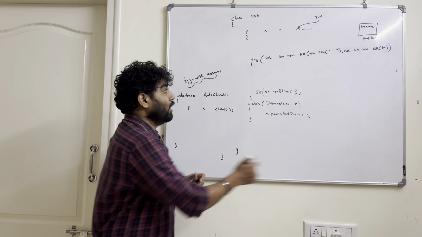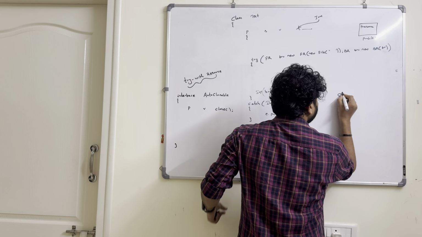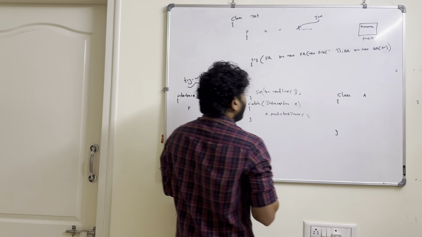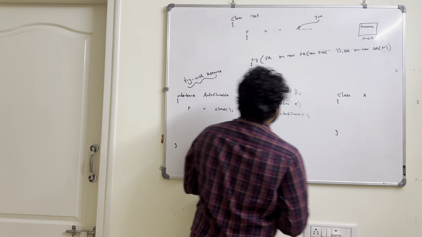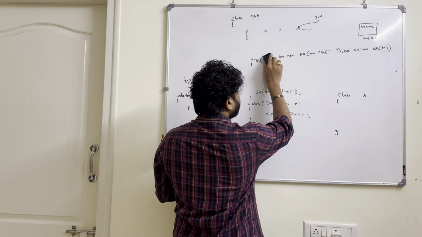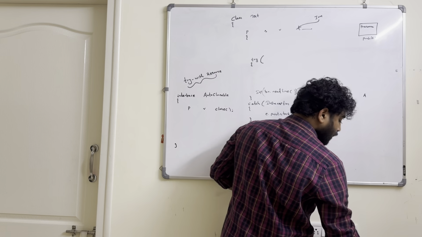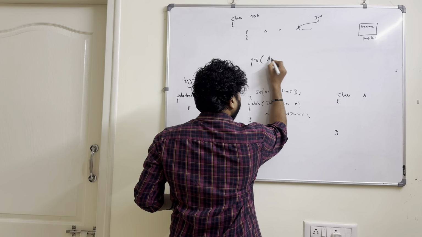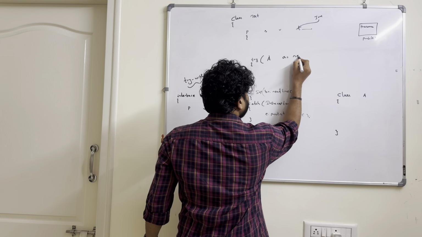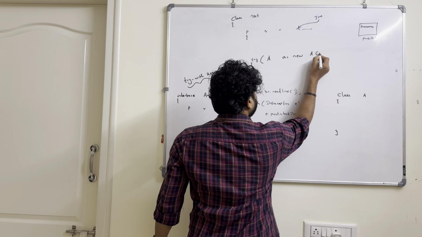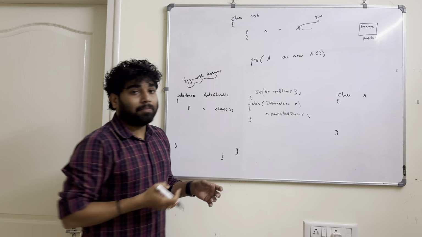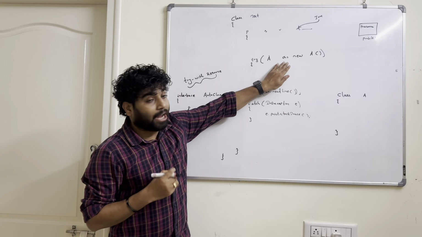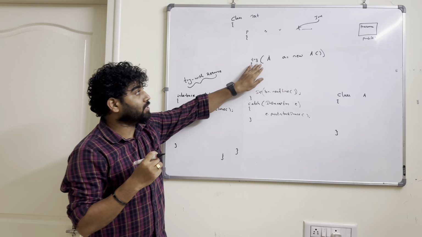For example, if I write one class A here, I cannot write A = new A. What I mean is I cannot create any class object within this try block.